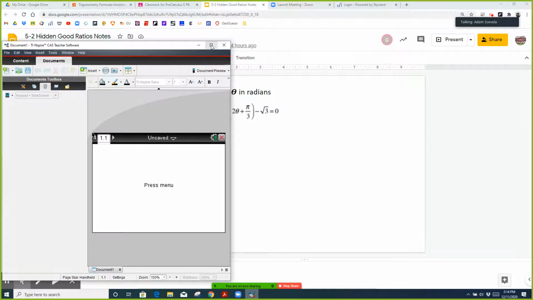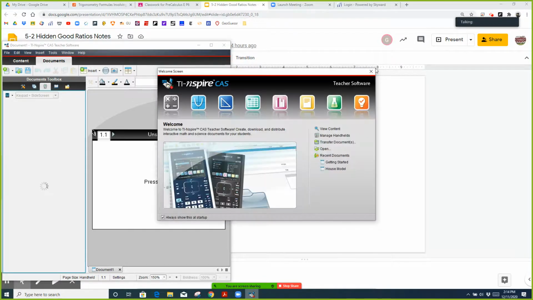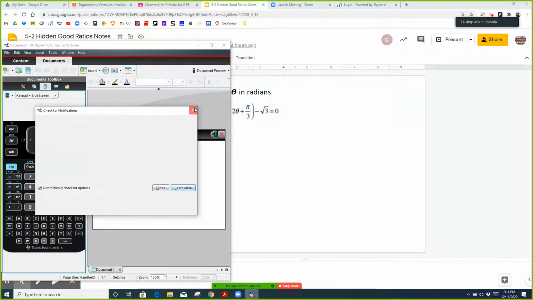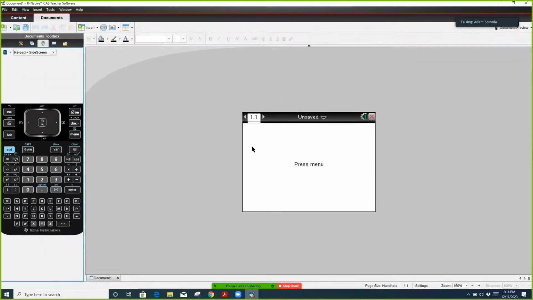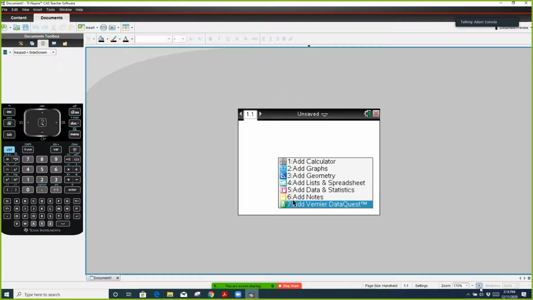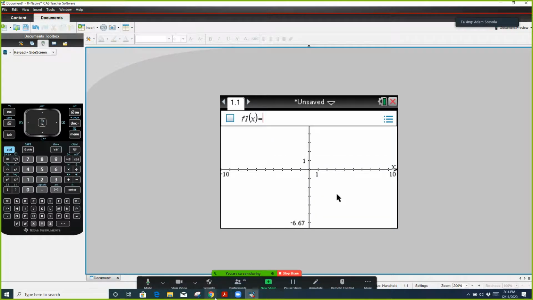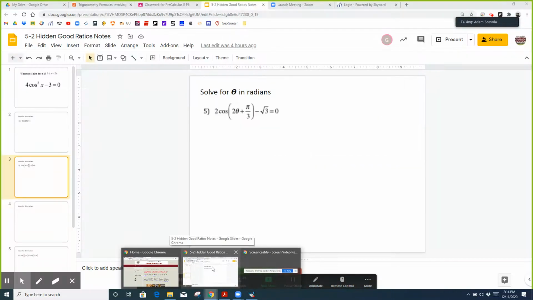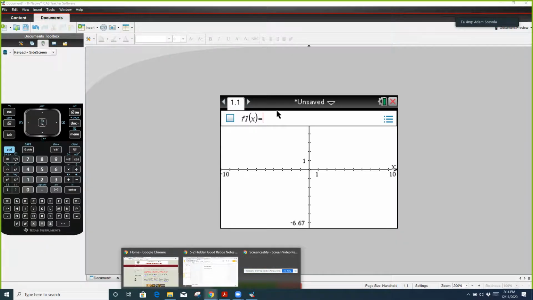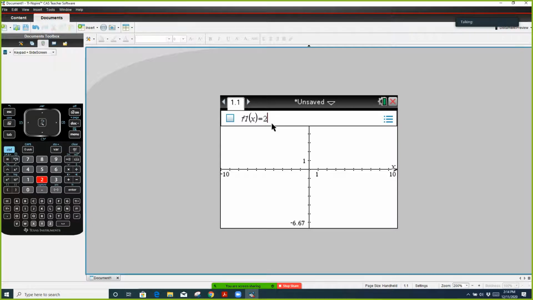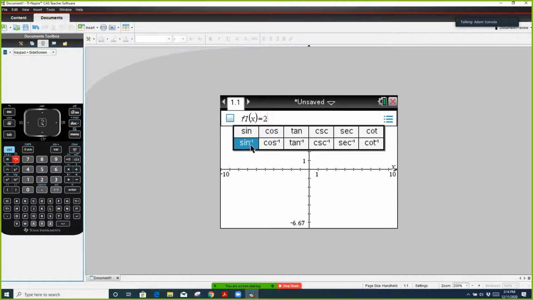All right, so I'm going to open up a new graph, and now we're just checking our two answers that we got. So add a graph, and if we look back at the original example, it was 2 cosine of 2 theta plus pi over 3 minus root 3. So 2 times the cosine.